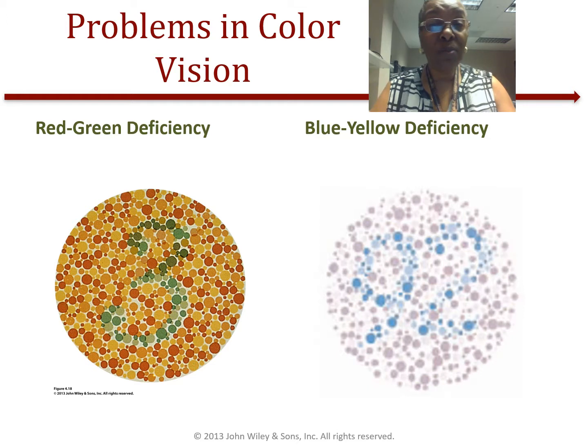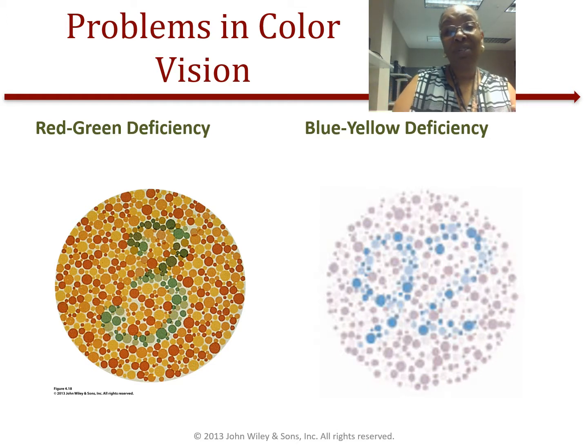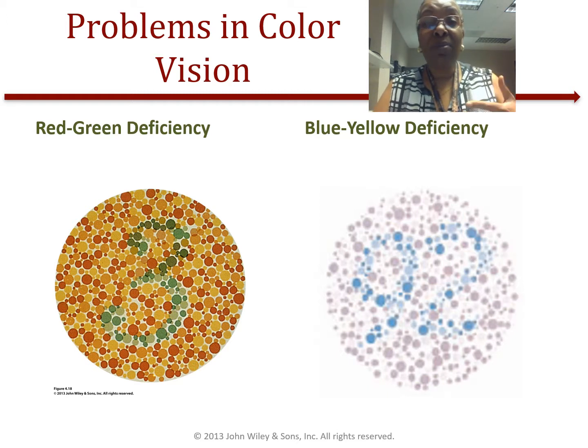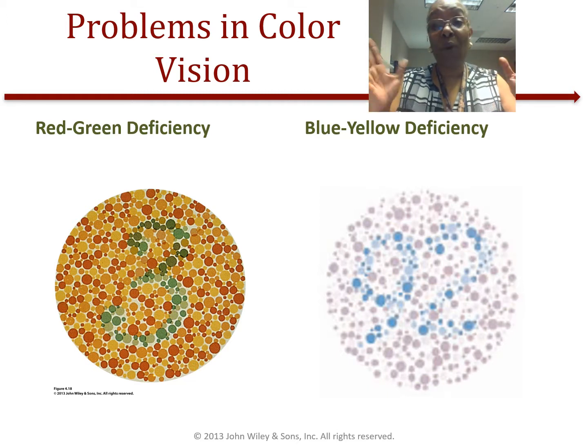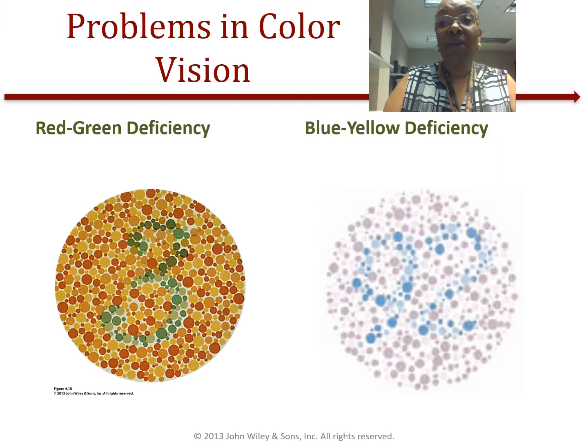However, a small percentage of people have a genetic deficiency in the red-green system, or the blue-yellow system, or both. Those who perceive only two colors are called dichromats, and people who are sensitive to only the black and white system are called monochromats. This is where there's total color blindness.